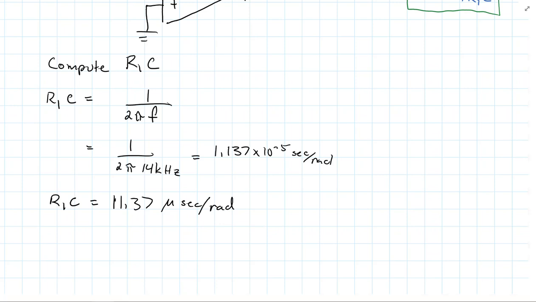Okay, but now if I have R1 times C here, this becomes easy to see what reasonable values might be.